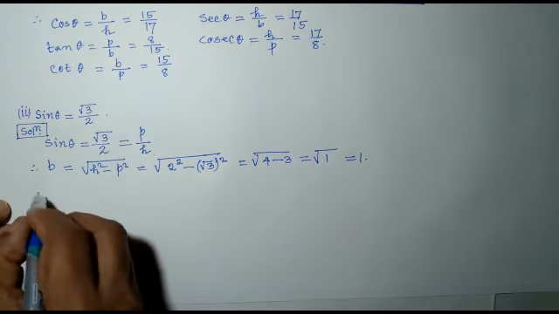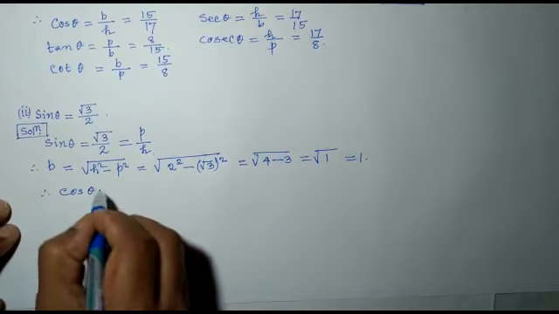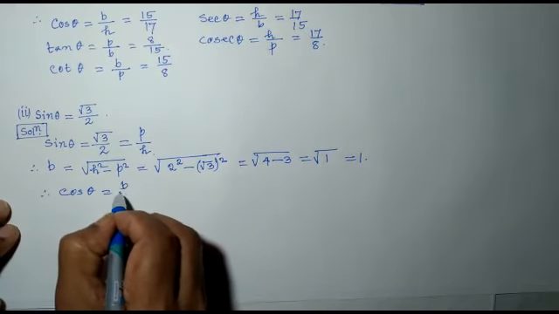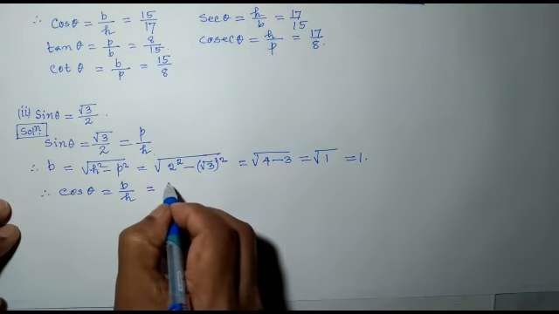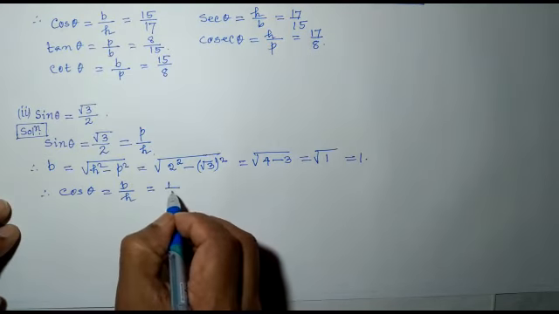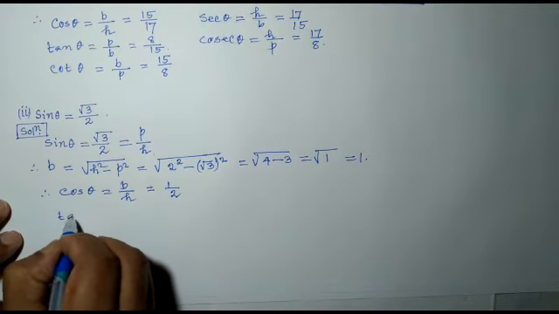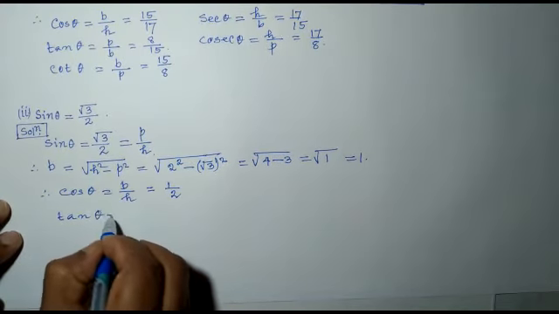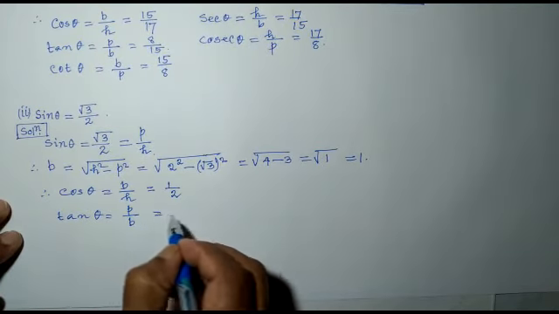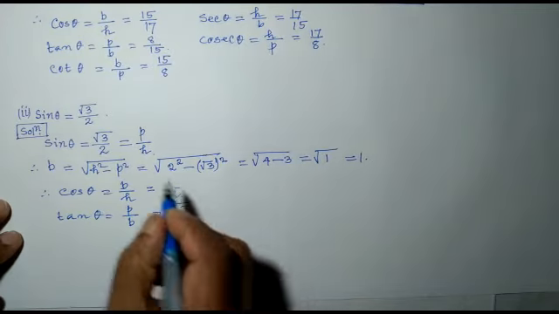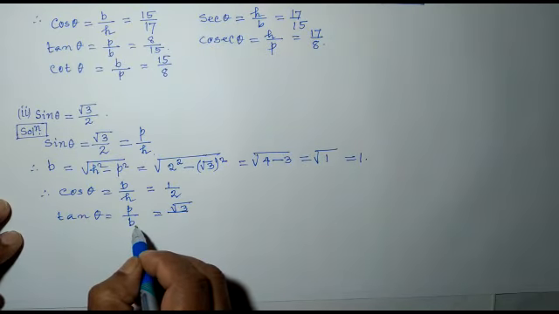So the next of sin theta is what? Cos theta. What is the formula? Base by hypotenuse. So what is base? It is 1. And what is hypotenuse? It is 2. So cos theta is 1 by 2. Next is tan theta. What is the formula? Perpendicular by base. So write the value of perpendicular. It is root 3, and base is what?